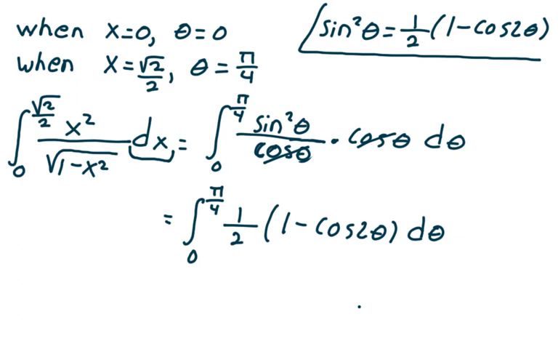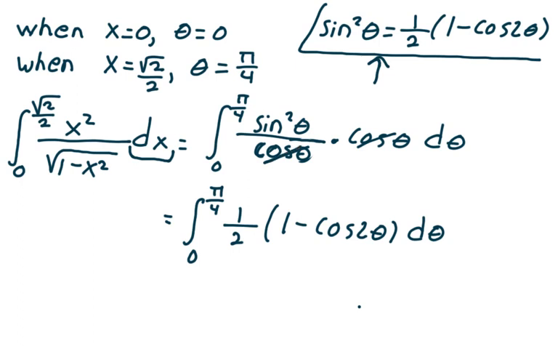So it's all substitution all the time, okay? And my limits now go from 0 to pi over 4 instead of 0 to square root of 2 over 2. Now recall that sine squared theta is 1/2 of 1 minus cosine 2 theta. We're going to need that in a minute.